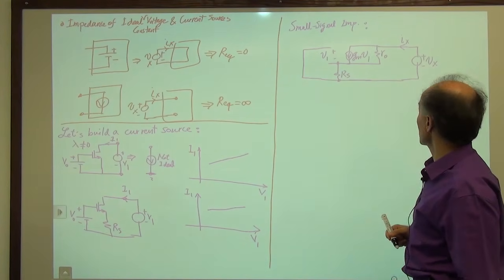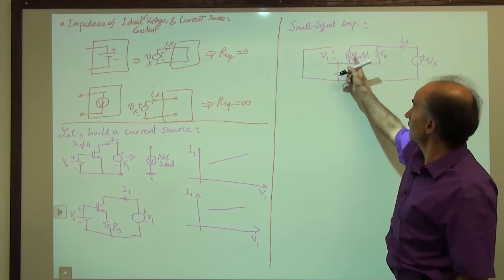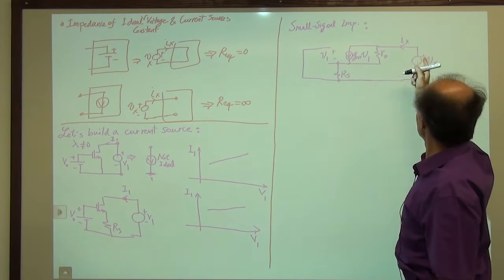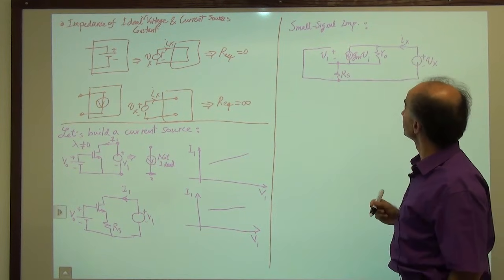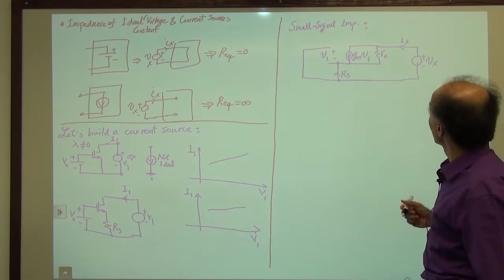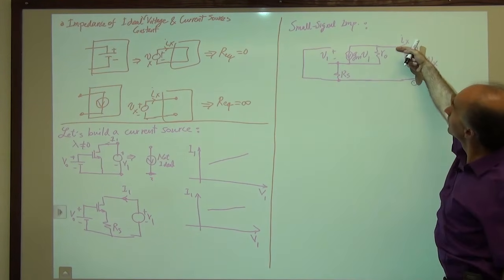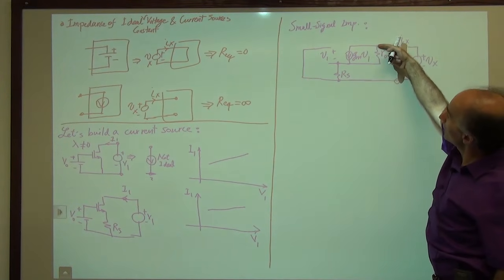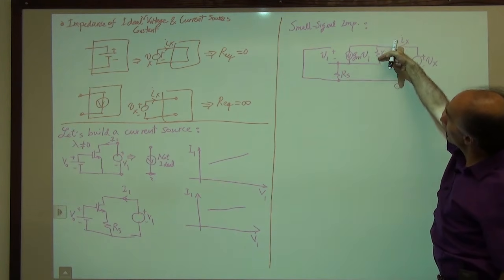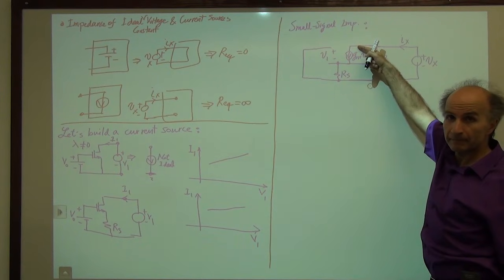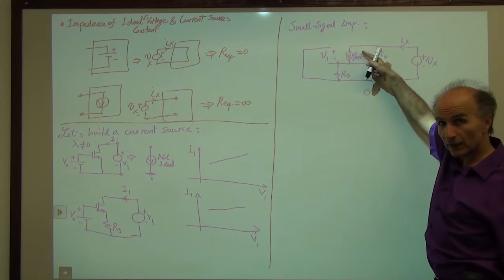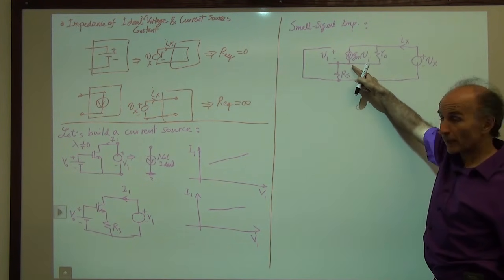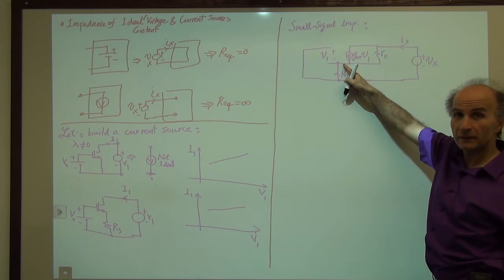All right, so we have to analyze the circuit. As usual, we would like to eliminate V1 and then find Vx over Ix. Okay, Ix starts from here, it comes to this node and splits. Some of it flows through RO, some of it that way. But these two currents come back together here and reunite.